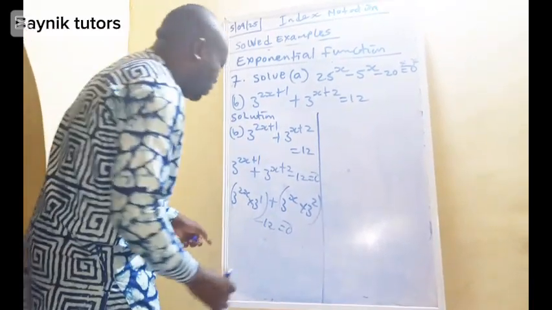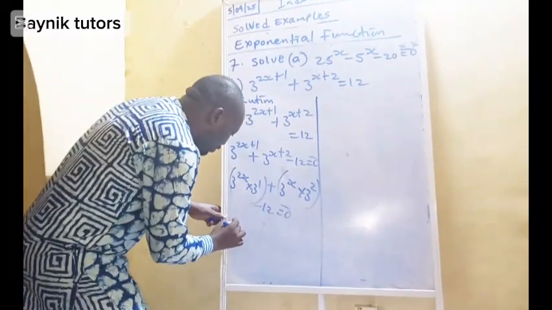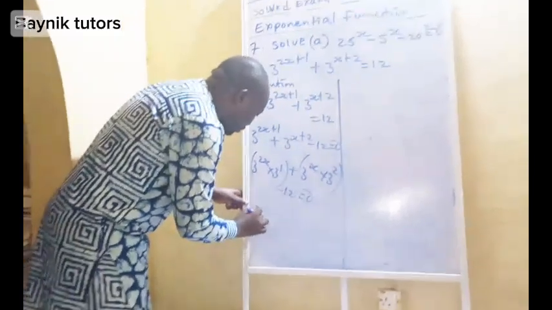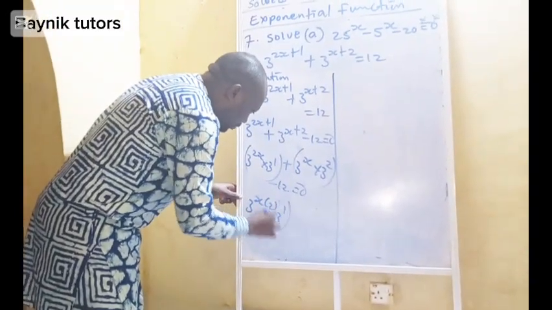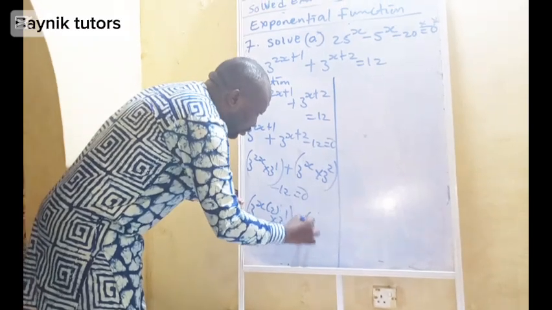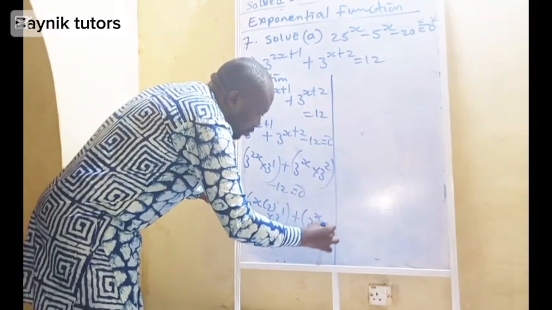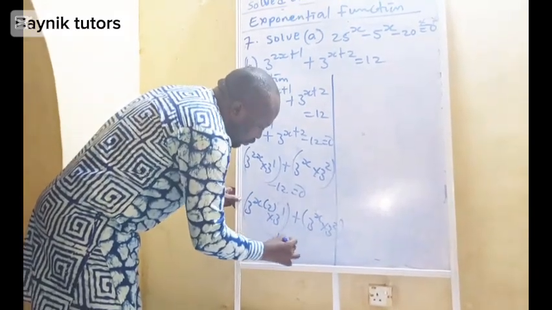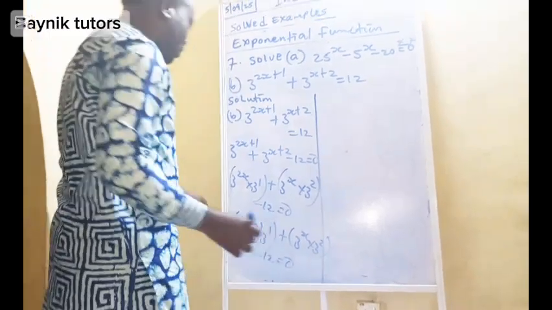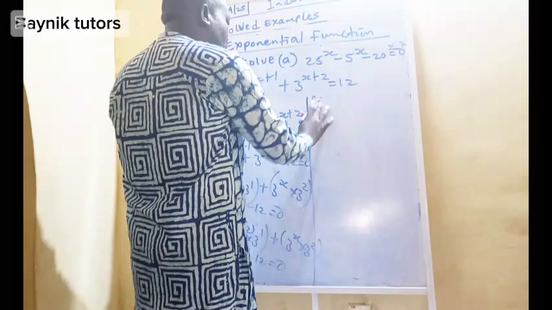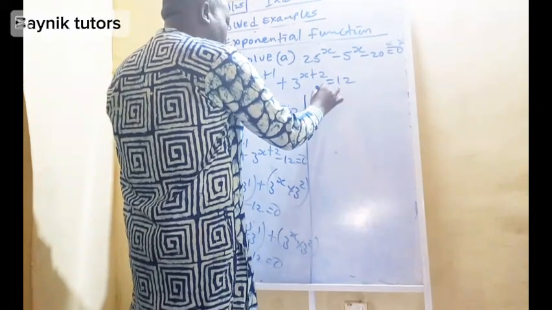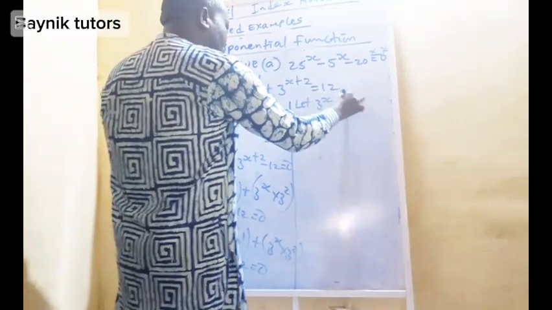So from here, we can rearrange this back again as 3 raised power x squared multiplied by 3 raised power 1 plus 3 raised power x times 3 raised power 2 minus 12 is equal to 0. So let 3 raised power x be equal to p.